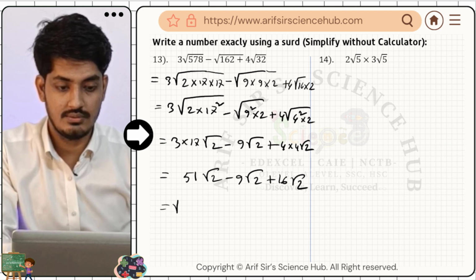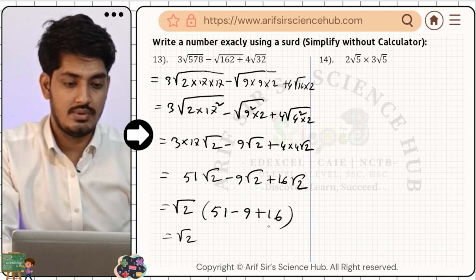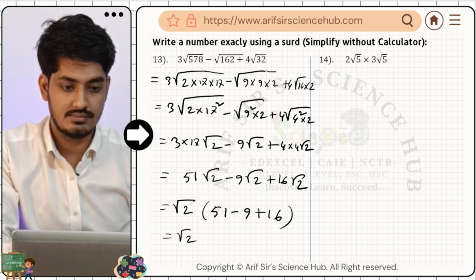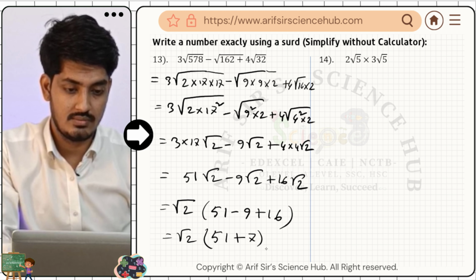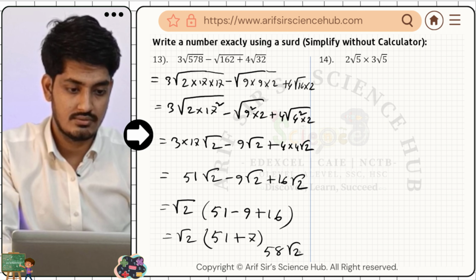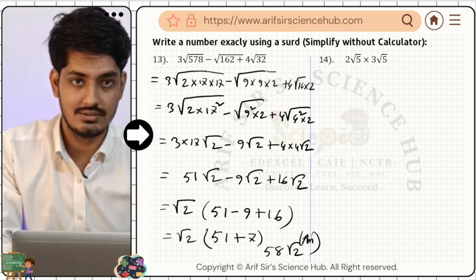If we make the square root 2 common, that means 51 minus 9 plus 16. So 51 plus 7, that means 58 square root 2 should be the simplified version or the answer. Okay, I think it's clear to you.